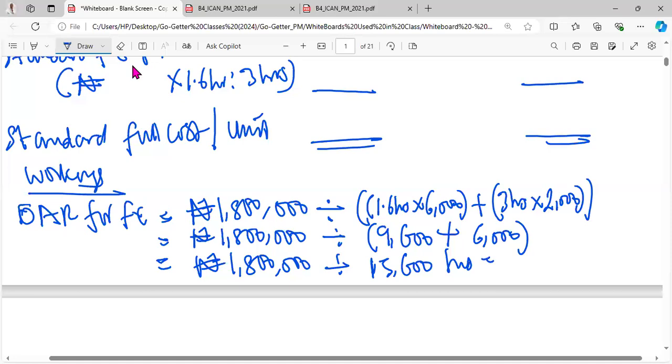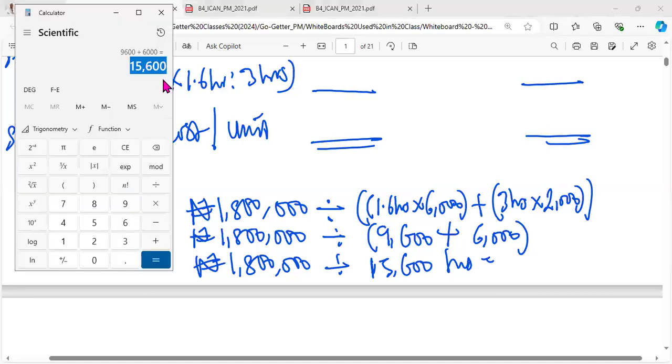So when you do that, I can as well copy this. All right, so I'll start 1,800,000 divided by, I will now paste what I've copied. 15,600 gives me 115.38.